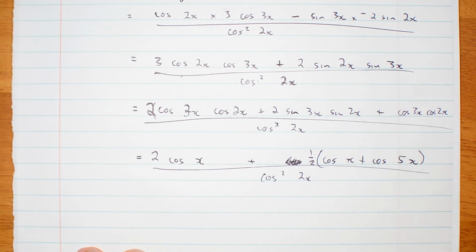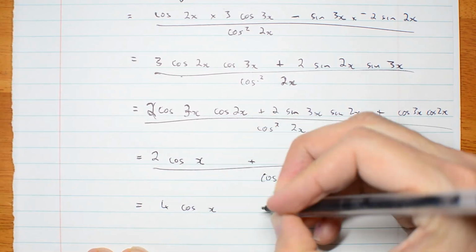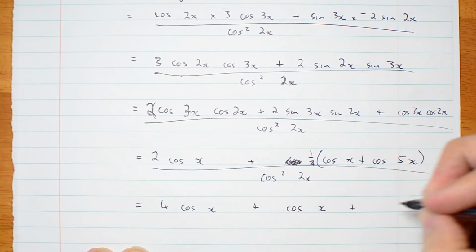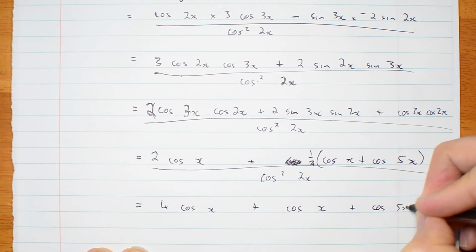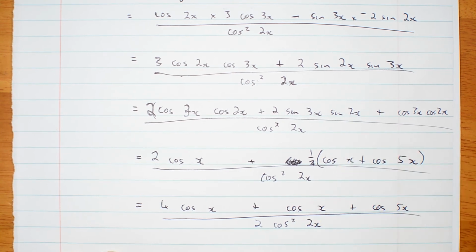It's arguable whether this is any better than that, because there are no 2x's in any of these up here for me to simplify anything else with. You might like it better. There's a 2 here and a half here. If I times everything by 2, it'll at least get rid of the half. 4 cos x plus cos x plus cos 5x all over 2 cos squared 2x.